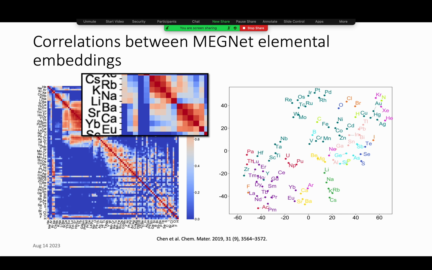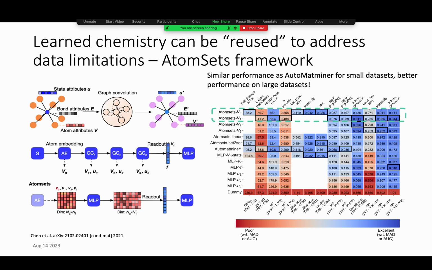You have all your alkali metals here. So there is a certain relationship between the distance between atoms and the chemical similarity of the elements. All right, so this learned chemistry is actually very useful. You can use it to address certain data limitations.